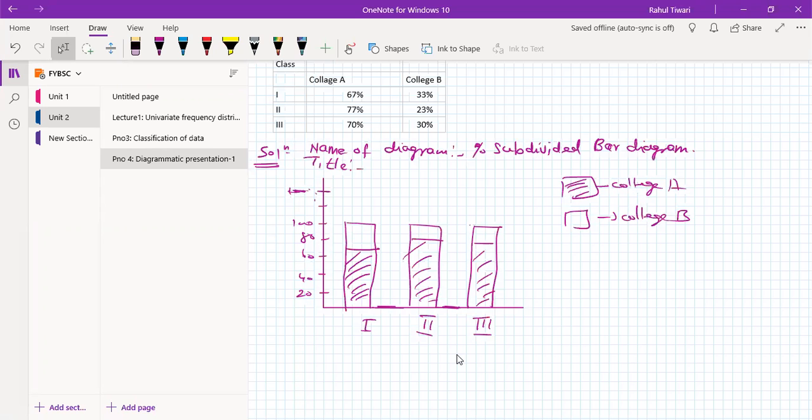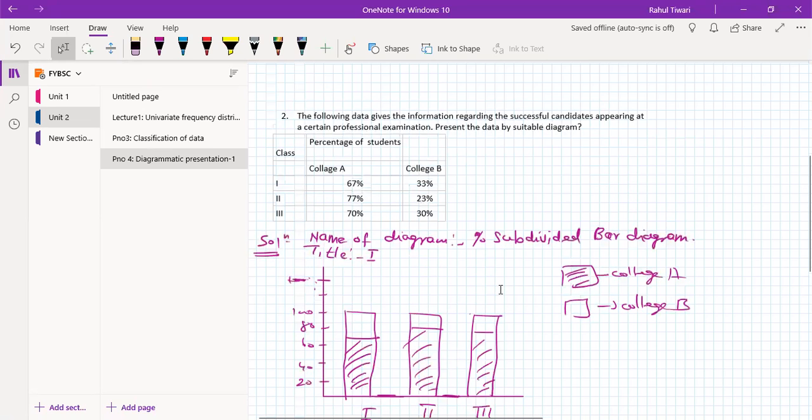What is title? It's the information. I think everybody knows how to write the title because we have seen all in unit 1. So what is the title? It's information regarding successful candidates appearing at a certain professional examination. This will be your full title.